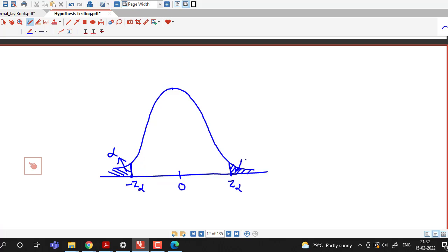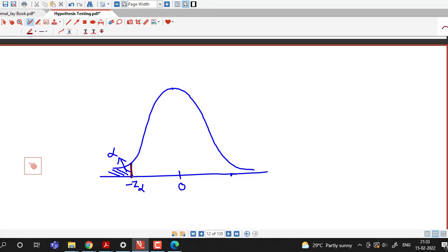So we know that the area to the right side of z alpha and the area to the left side of minus z alpha are equal due to the symmetry of this bell-shaped curve. Now our test is a one-tail test, so we are not interested in this area. Our rejection region will be in one tail only, because we have a less than type alternative hypothesis.